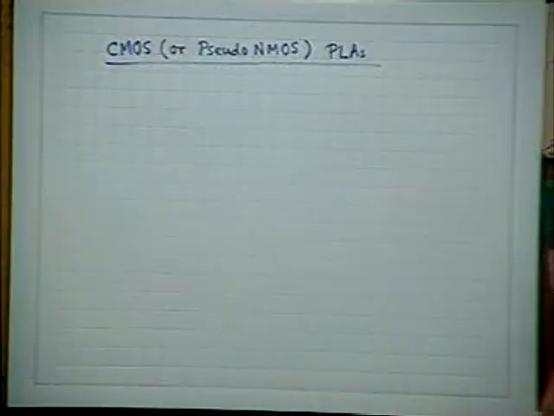Then came the concept of CMOS PLA, but this is not really a CMOS in the sense that it really does not consume less power. That is why it is also called pseudo-NMOS PLA.